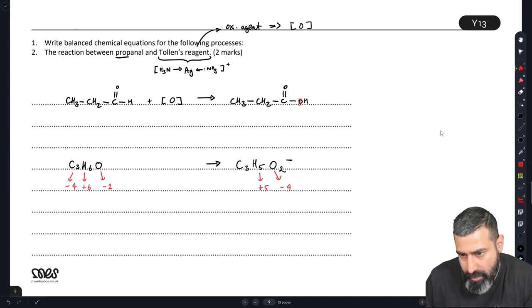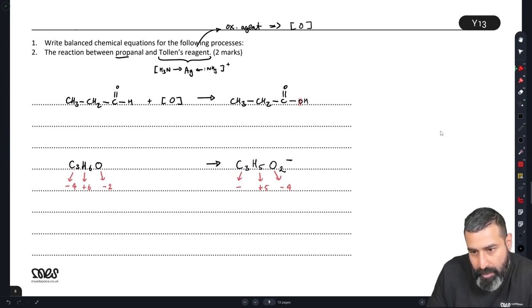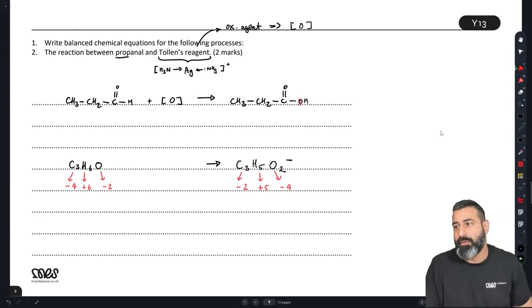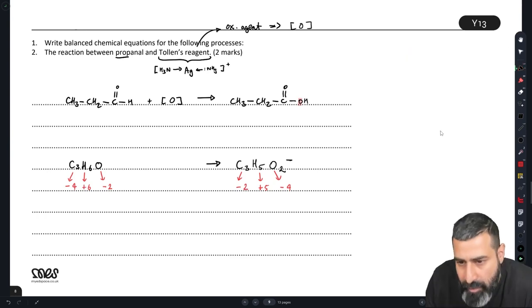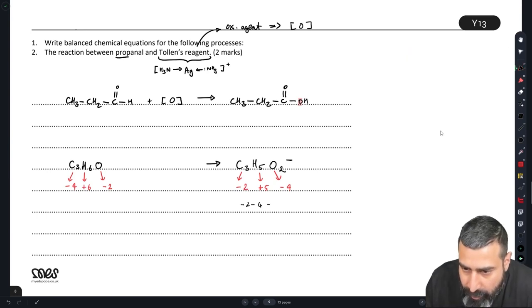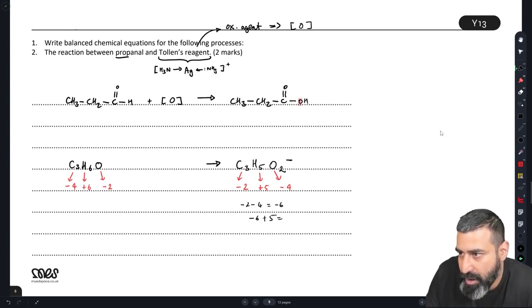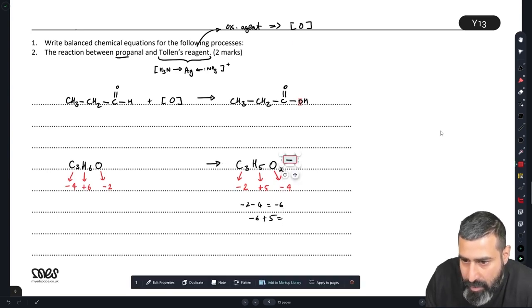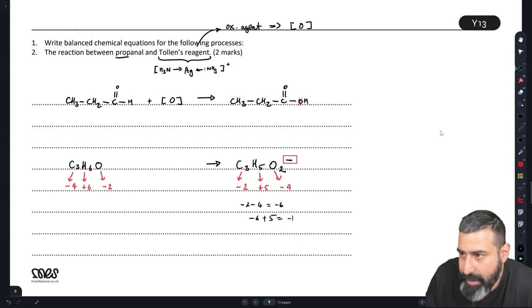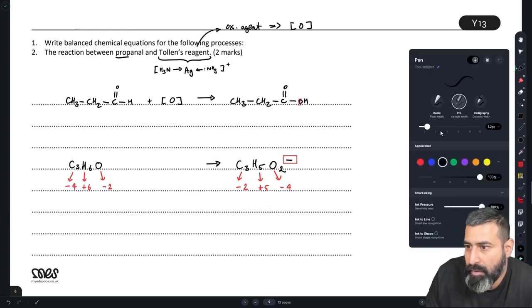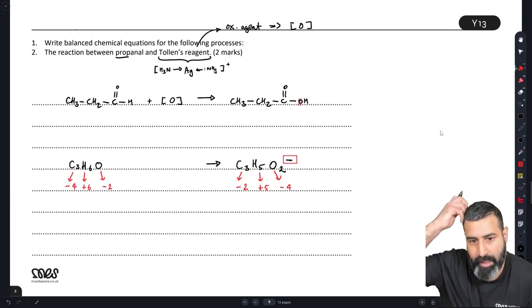So we need an overall negative charge on the carbons, and that has to be -2. The reason for this is -2 minus 4 equals -6, and then -6 plus 5 gives us the overall charge of -1. Okay, that looks good to me.